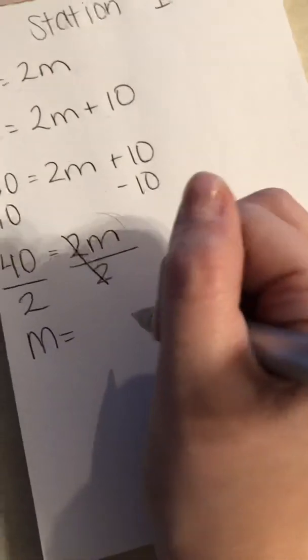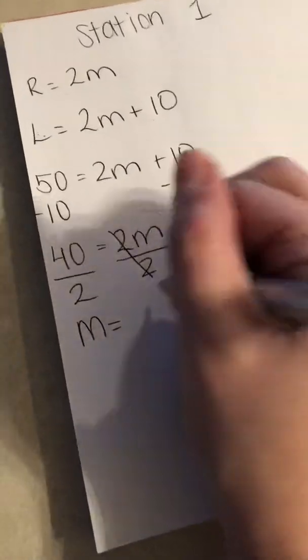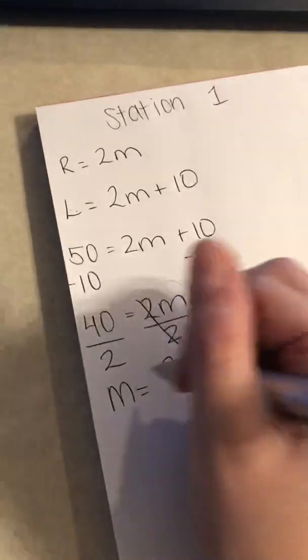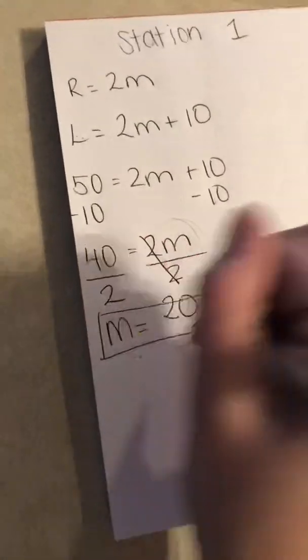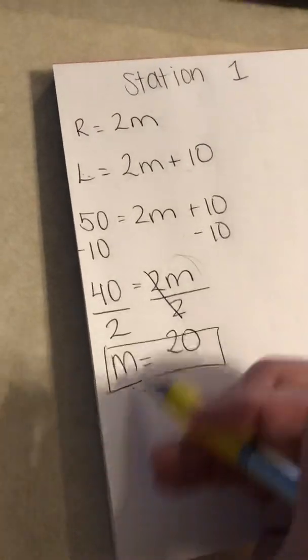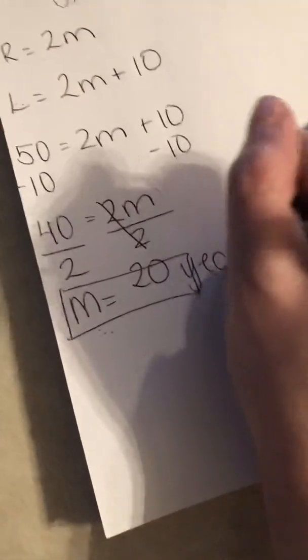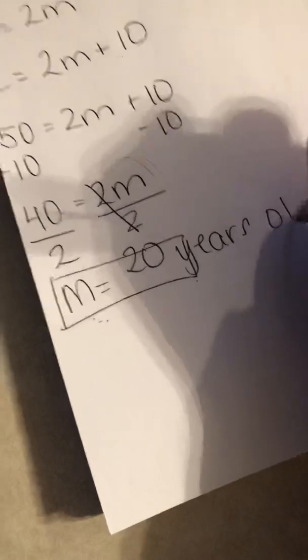That becomes a 1. 2 divided by 2 is 1 if you're confused. And M now equals 20 years old. So Maddie equals 20. M, remember, M equals Maddie's. Okay, Maddie is 20 years old.